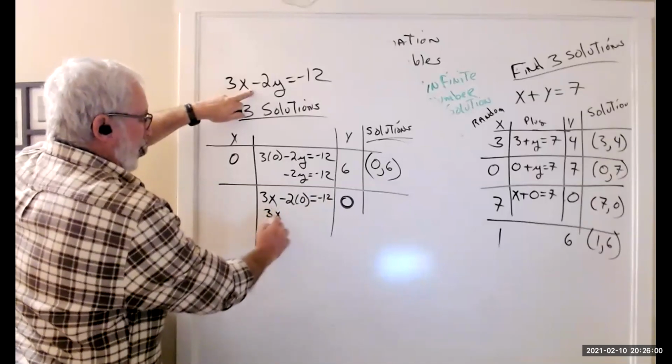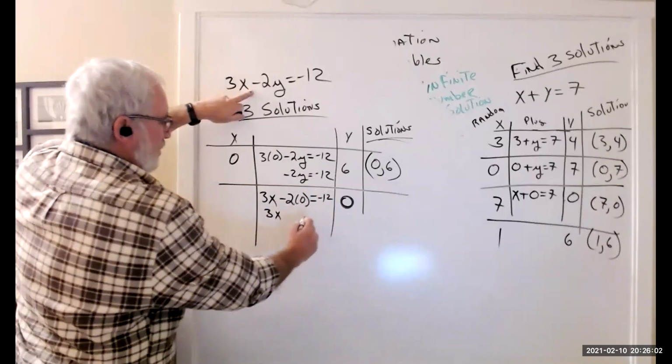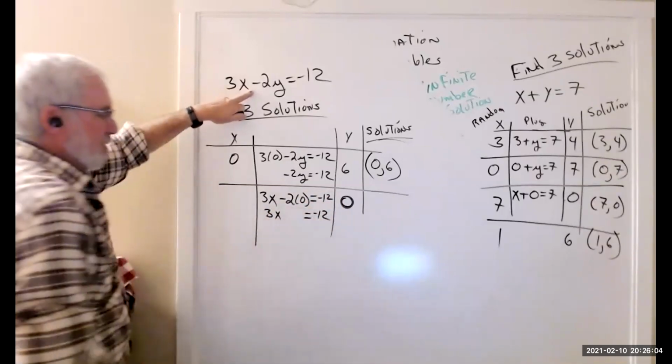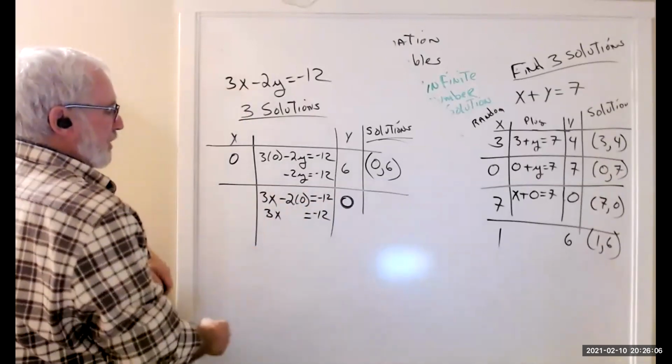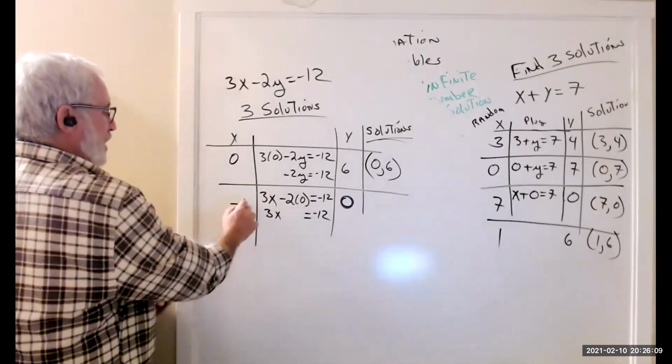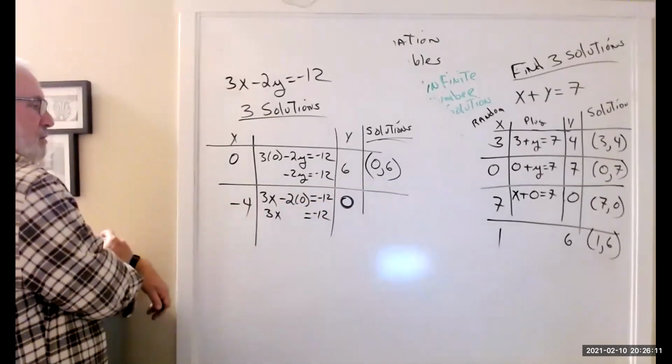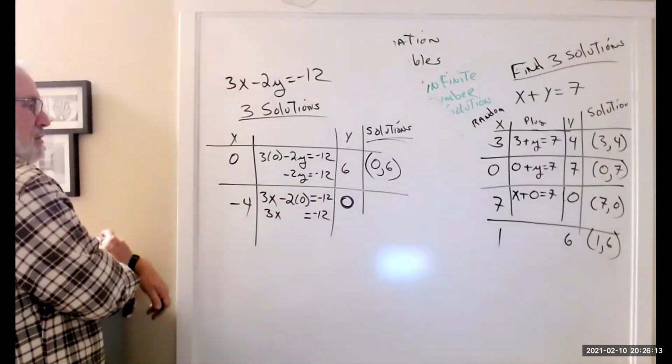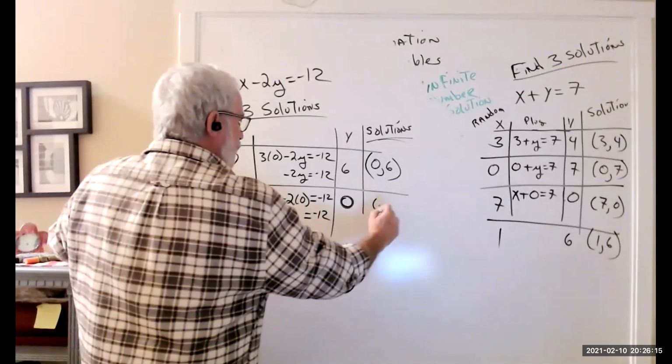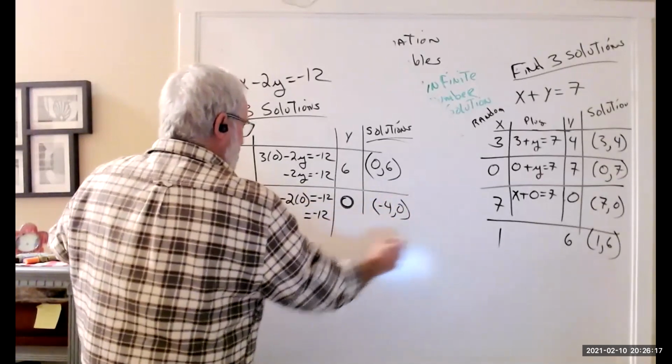That becomes 3x, 2 times 0 drops out, equals negative 12. Divide by 3, I think you guys can do that in your head. You get negative 4. So my solution is negative 4 comma 0.